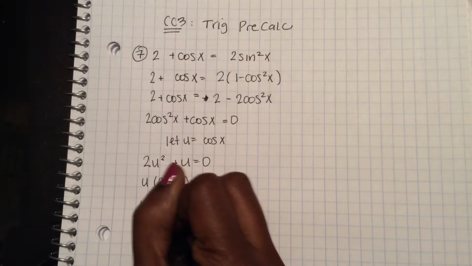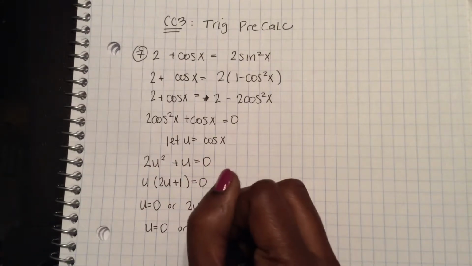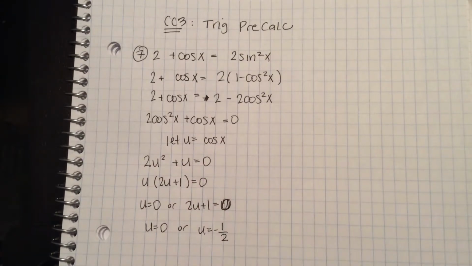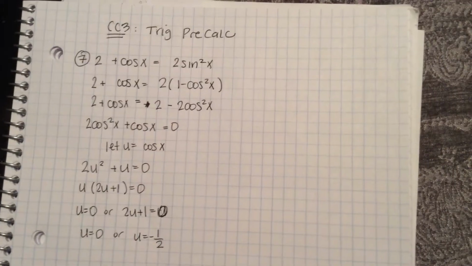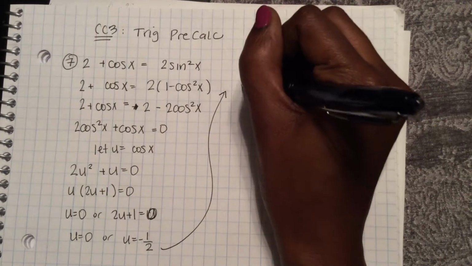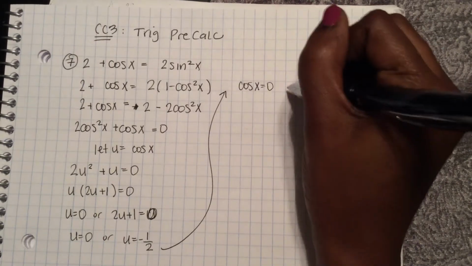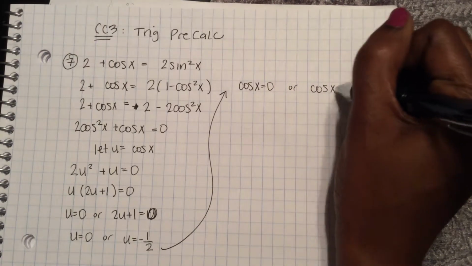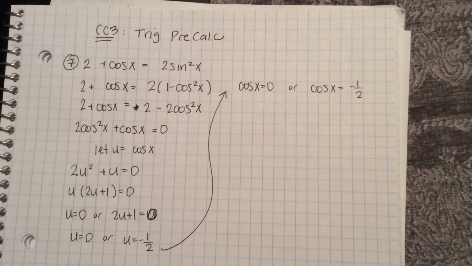So u equals 0 or u equals negative 1/2. So remember that we defined u to be cosine x. So cosine x equals 0 or cosine x equals negative 1/2.